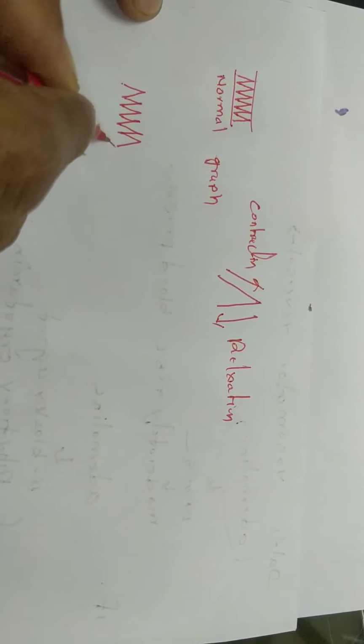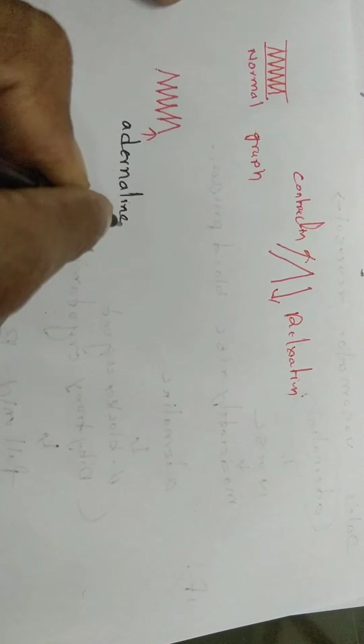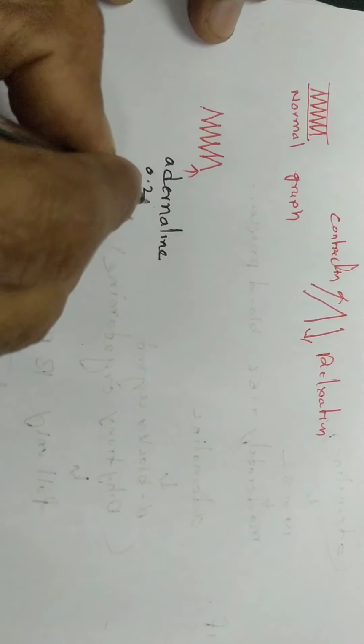It shows contraction and relaxation; that is a normal graph. Now here we administer adrenaline injection, 0.2 ml.